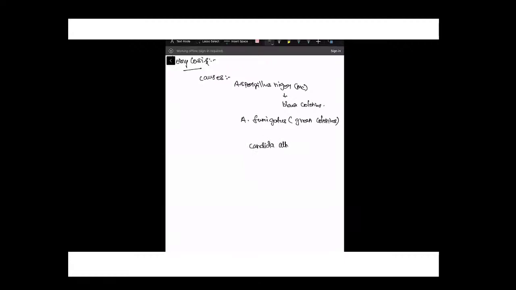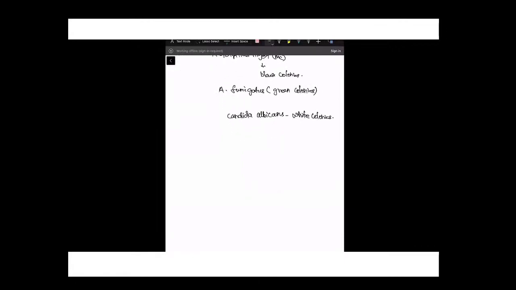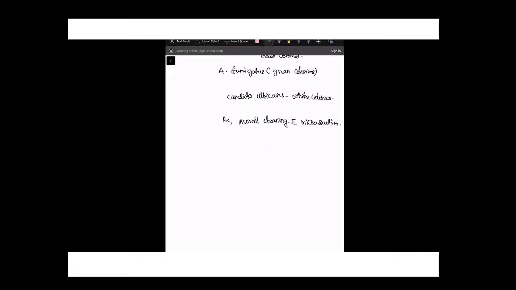Candida albicans forms white colonies. Treatment is going to be aural cleaning with the help of a microsuction and topical antifungal ear drops for 4 weeks.